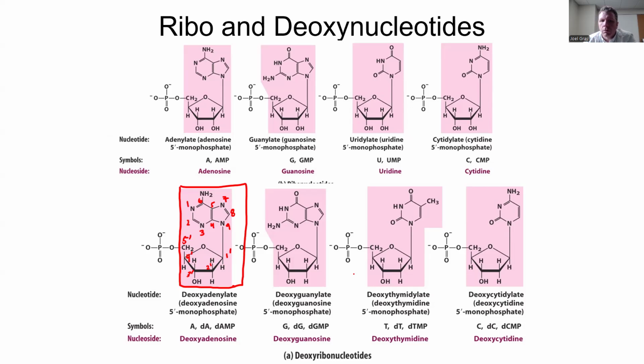So what about the oxygen? Well, that is not referenced as a primed number or an atom. That's not 6 prime or anything, because we're talking about carbons and nitrogens when we number these. Okay, so does that answer your question?